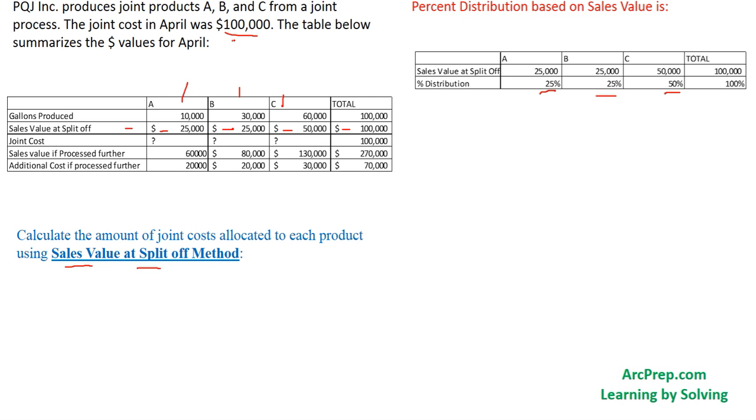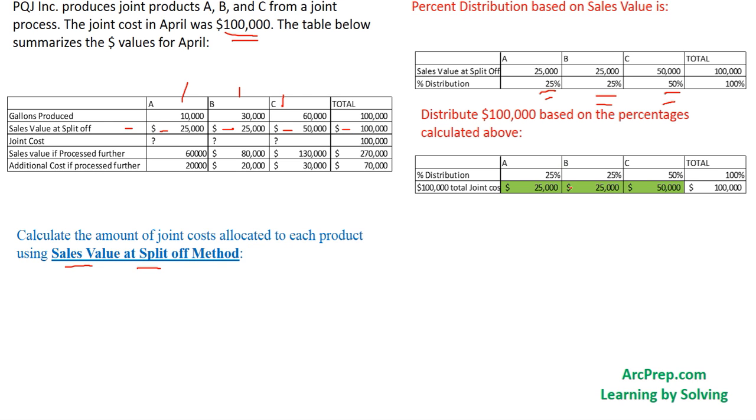Now I need to distribute this 100,000 based on 25, 25, and 50. So it's $25,000, $25,000, and $50,000 based on this percent split. In the second method, I looked at the sales value at split off. That is the second method.